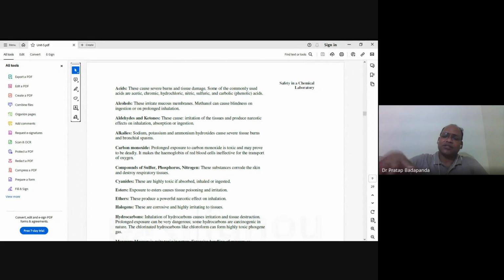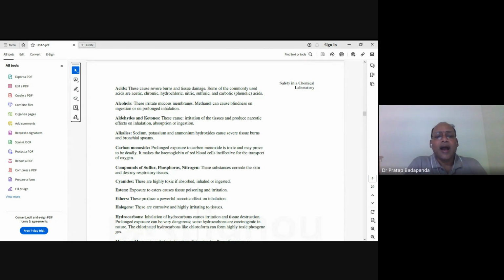That is why aldehydes and ketones are used in deodorants, perfumes and so on, which is okay, but you should be careful about direct ingestion.